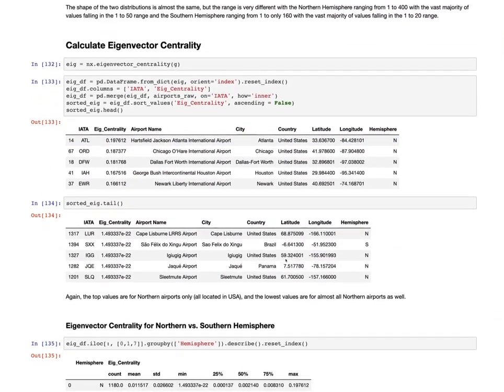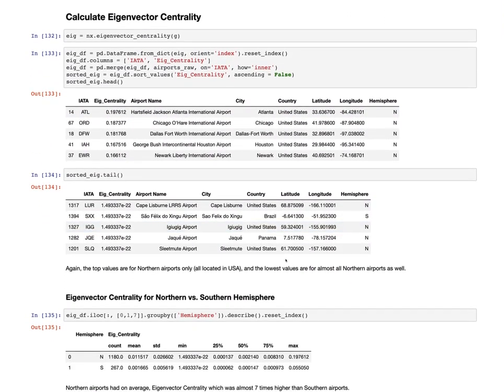Then we did the same thing for the eigenvector centrality, looking at our top 5 and our bottom 5. None of them had very high values for this, though. If I remember right from the textbook, the closer it is to 1, the higher it is.